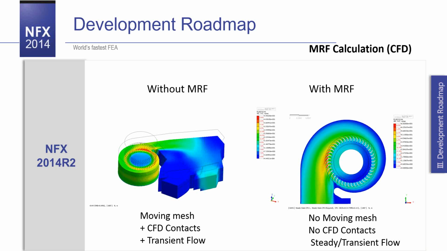This is used to replace the moving mesh for a rotating engine. Right now, if you want to simulate that in NFX, you need to use the moving mesh, the CFD contact, the transient flow. So sometimes it's quite complex to simulate. With this MRF, you can do it without using moving mesh, without using the contacts, and you can simulate steady and transient flow very easily.